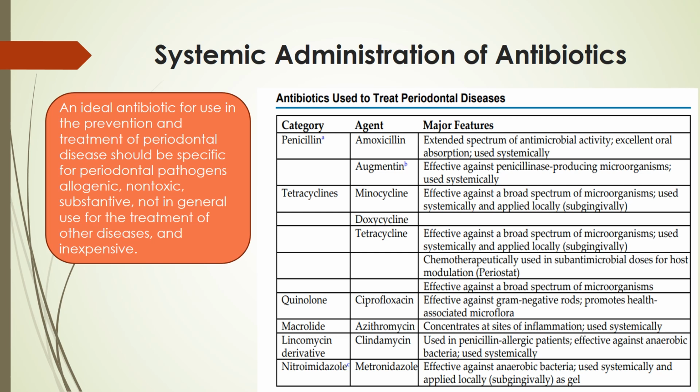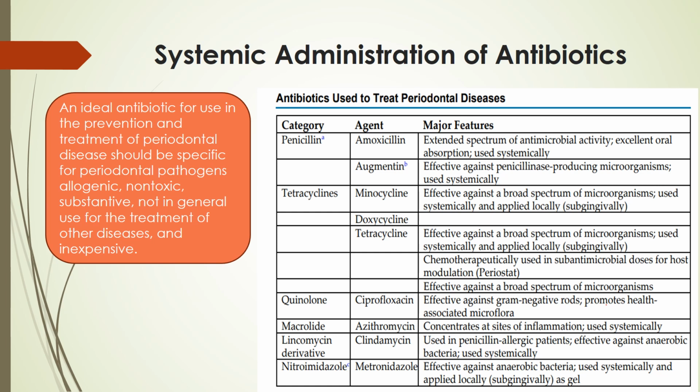There is Periostat, effective against a broad spectrum of microorganisms. Coming to the quinolone group, ciprofloxacin is effective against gram-negative rods and promotes health-associated microflora. And macrolide, azithromycin, concentrates at sites of inflammation and is used systemically.